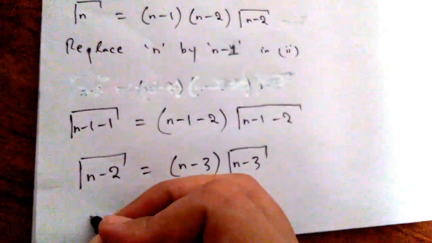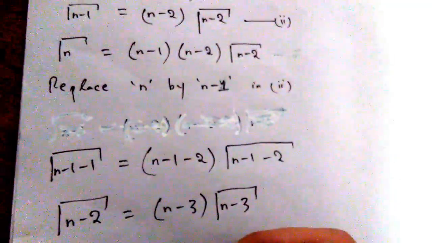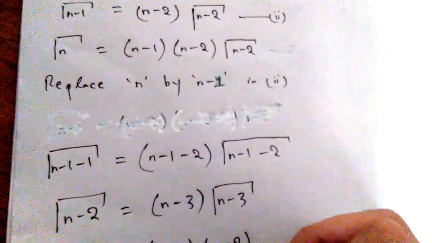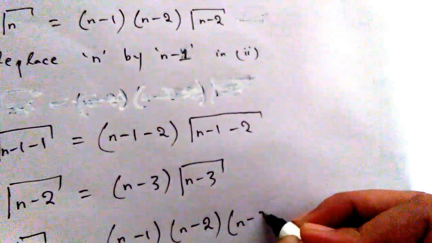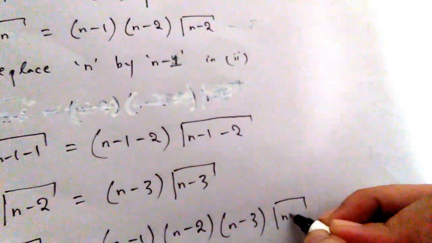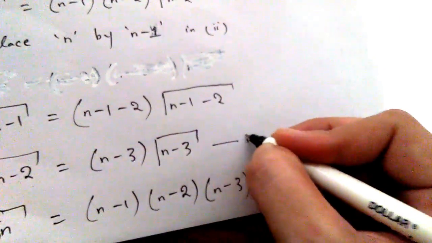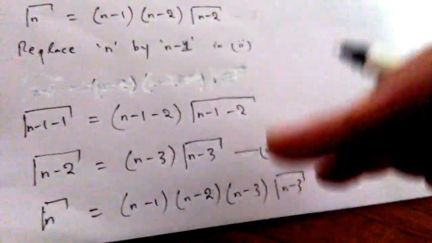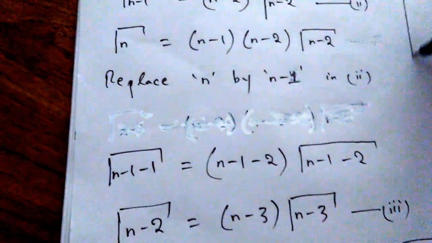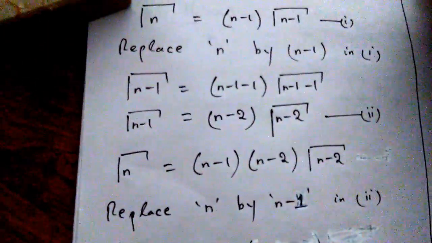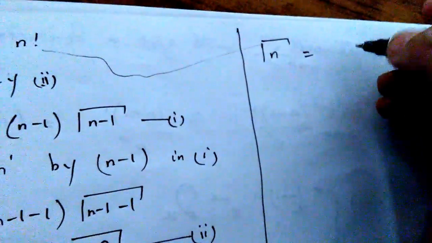That's it. So now you're going to substitute this value of this gamma function over here. Alright, so it looks like this: n minus 1, n minus 2, and in the place of your n minus 2 gamma function, you just write down this. Okay, so you see, you just keep on performing this process again and again till you reach this form.